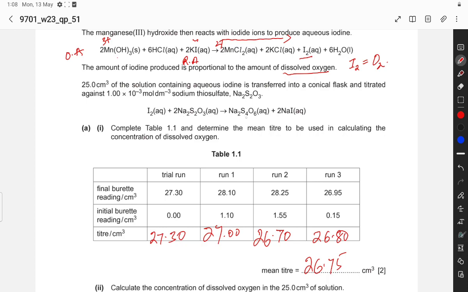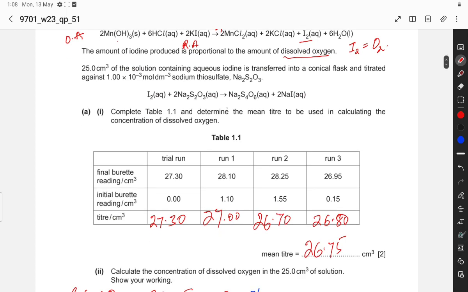Iodine plus sodium thiosulfate forms Na2S4O6 and sodium iodide. Iodine is going to be reduced, and in sodium thiosulfate, sulfur is going to be oxidized.